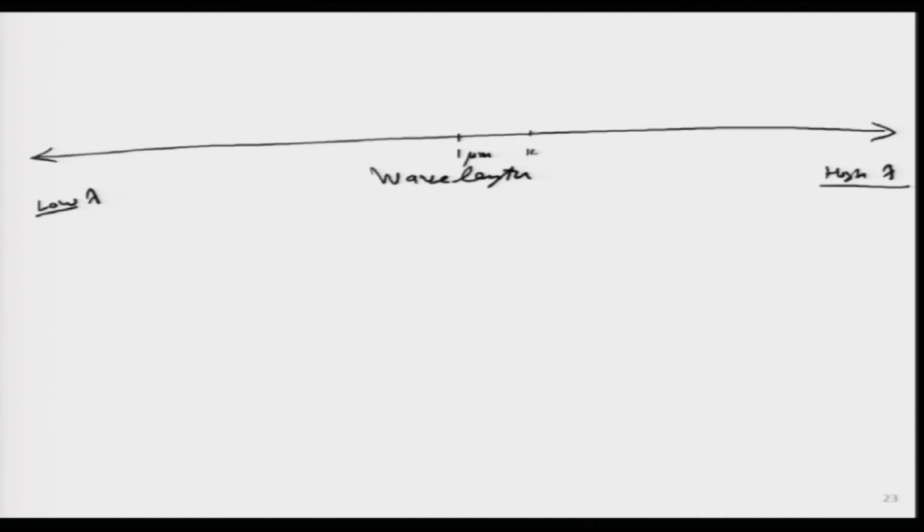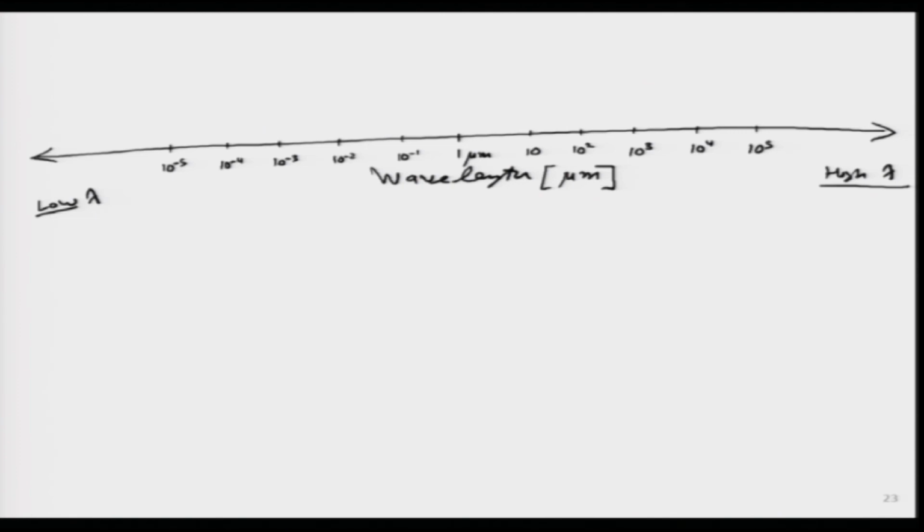So, it goes from 1 to 10 to 100, 1000, 10,000 and then 1 lakh. I can keep on going, but let me go back over here, then 10 to the power minus 1, 10 to the power minus 2, minus 3, minus 4, minus 5, and the units for all of them, please remember, is microns.